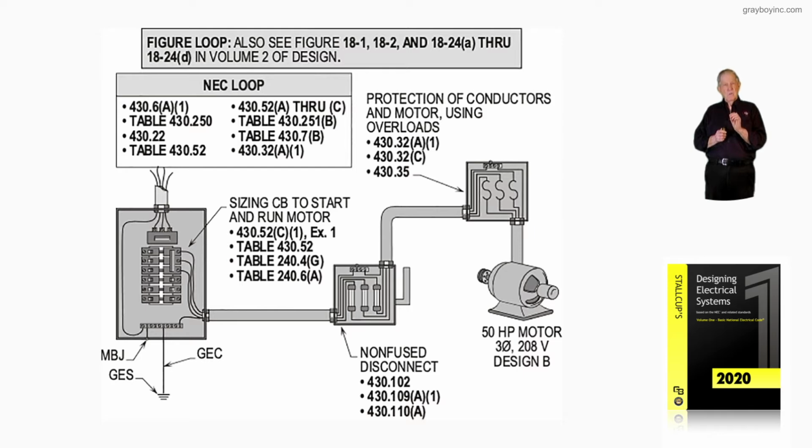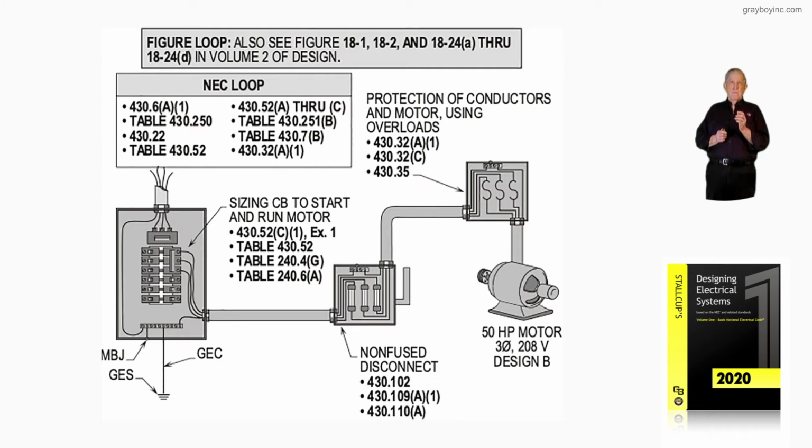If it is, then you size the overcurrent device greater. If not, you'd have to use the 125% rule. You're stuck with it.